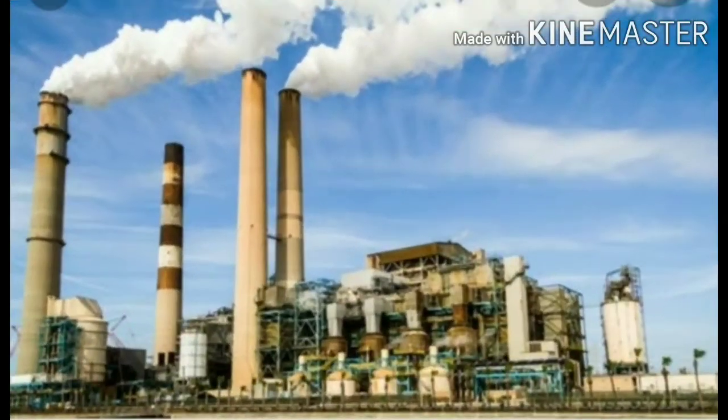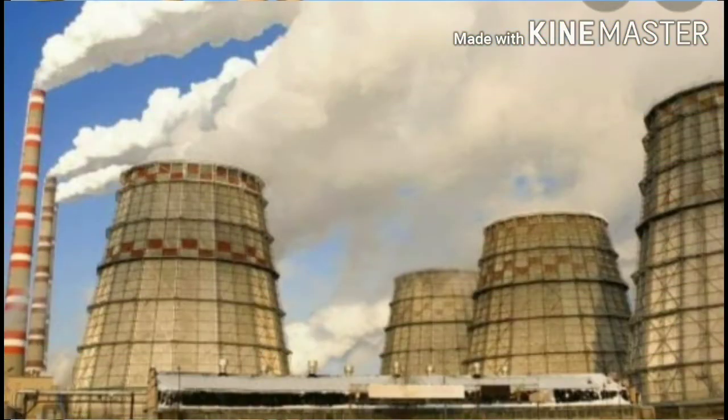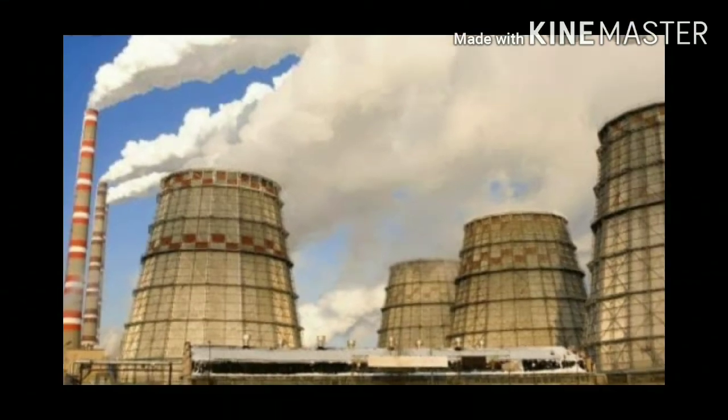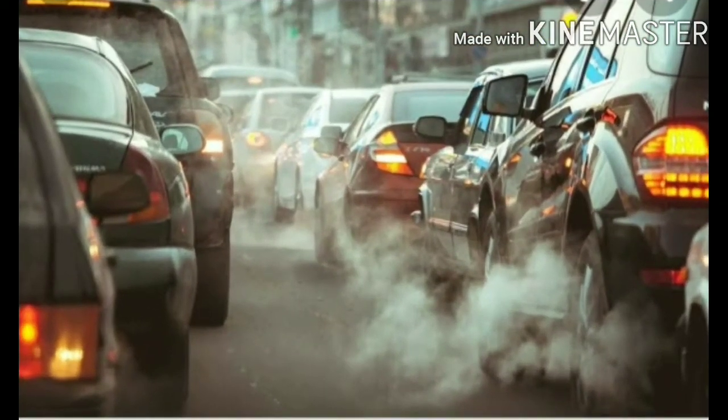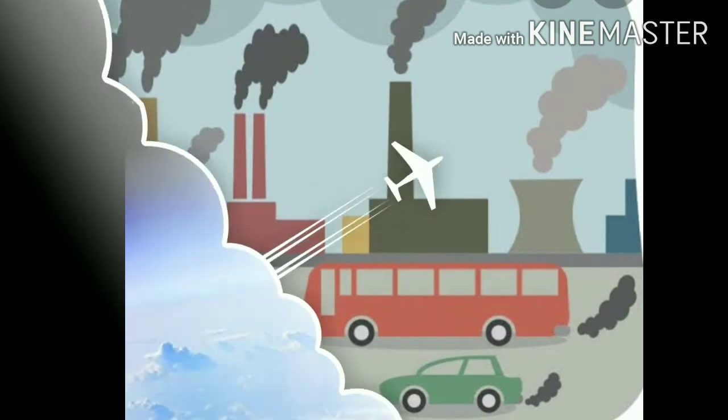Different factories release smoke directly into the atmosphere, which disturbs the balance of the atmosphere. Harmful gases which are given out through the combustion of fuels of vehicles also increase air pollution. This is a serious problem which is increasing day by day.